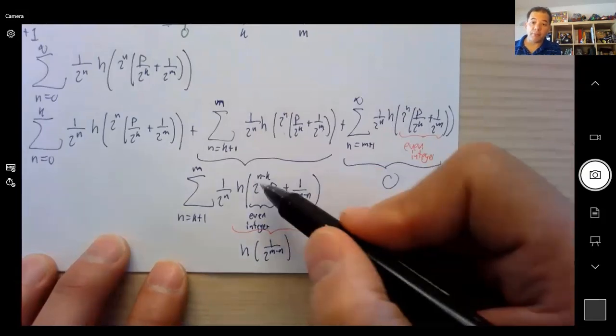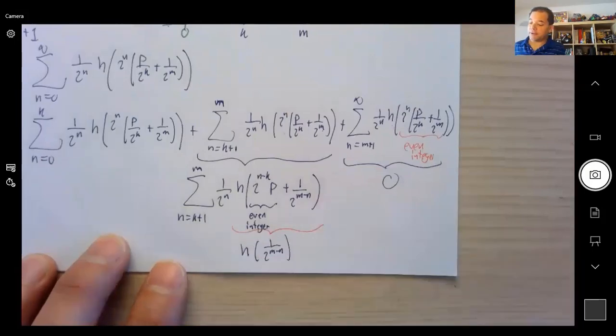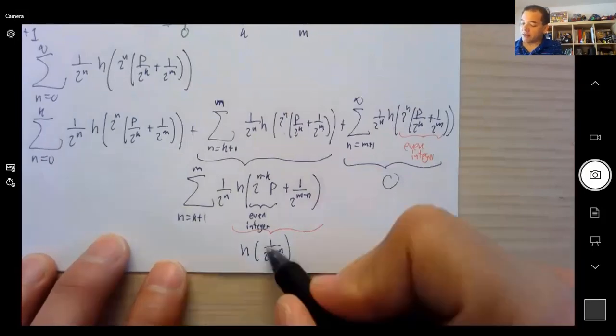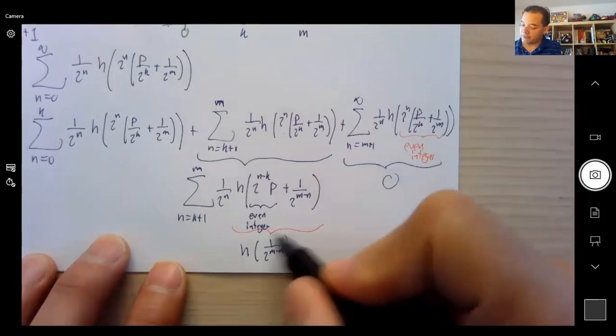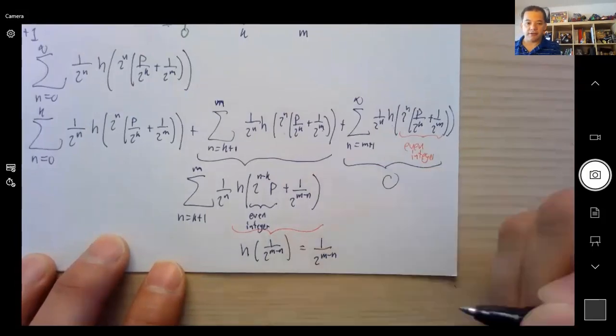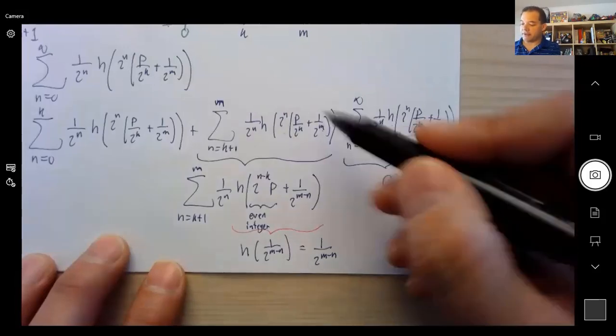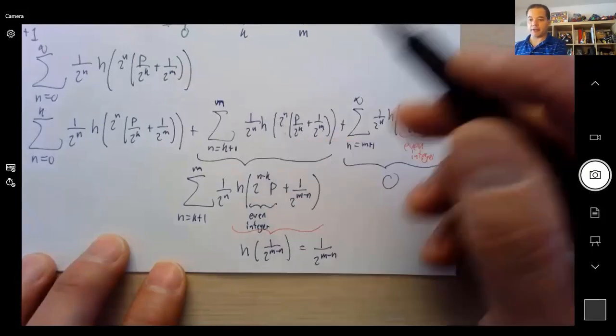Being at 0 or being at an even integer is the same for the h function because it's periodic. And this is a tiny number, a number between 0 and 1. So this is just 1 over 2^(m-n). All right? So this part we can simplify, which makes this part simplifiable as well.